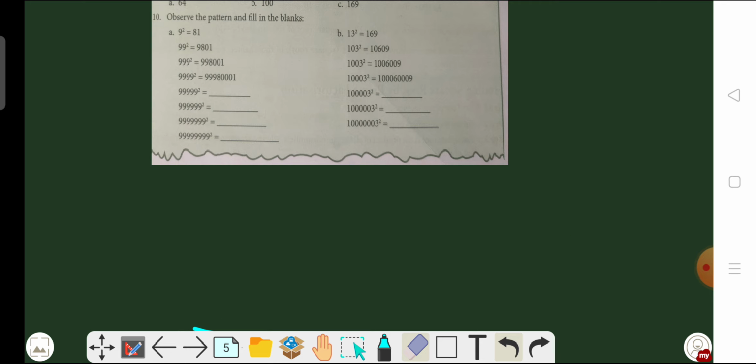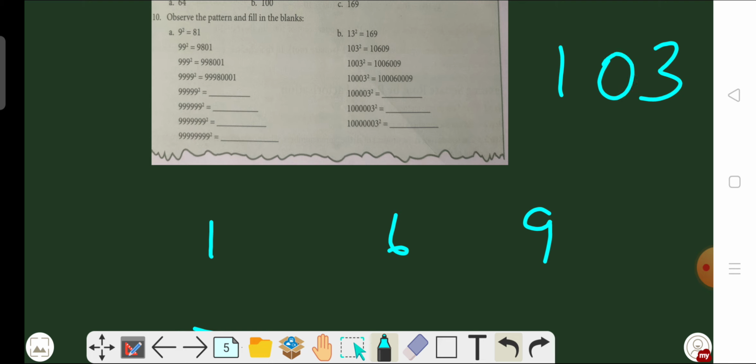In the B part we are given 13 square is equal to 169 and 103 square is equal to 10609. Okay. In this question we have to count the number of 0s given between 1 and 3, beta. What we have to count? We have to count the number of 0s given between 1 and 3. For example, if there is 1 zero, then you have to put 1 zero between 1 6 9. Okay.